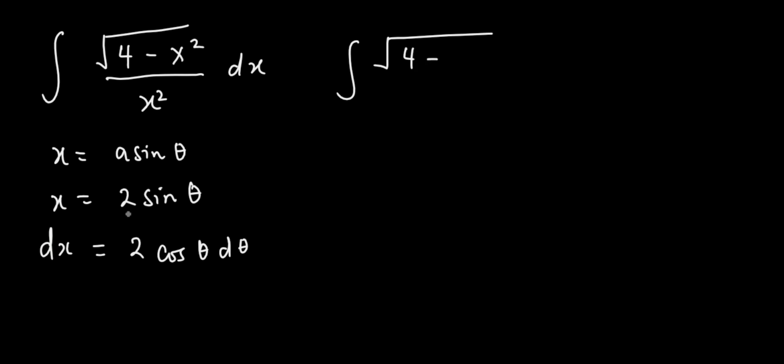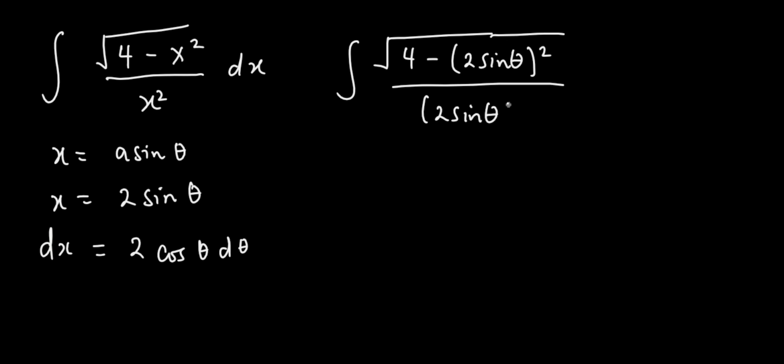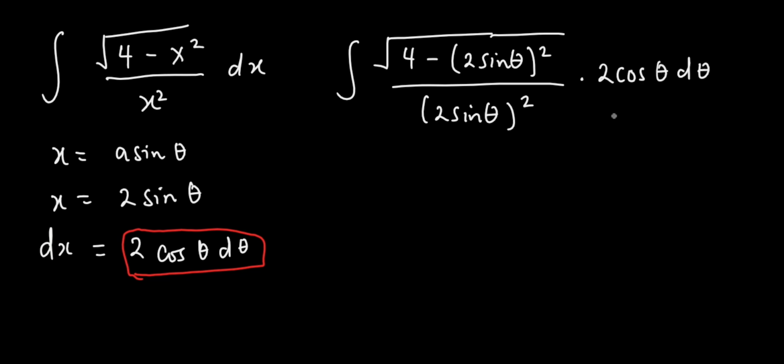Now x is equal to 2 sine theta, so x squared will be (2 sine theta) squared, over (2 sine theta) squared. Then multiply by dx. But we know that dx is equal to 2 cos theta d theta from here, right? So we need to replace dx with 2 cos theta d theta.